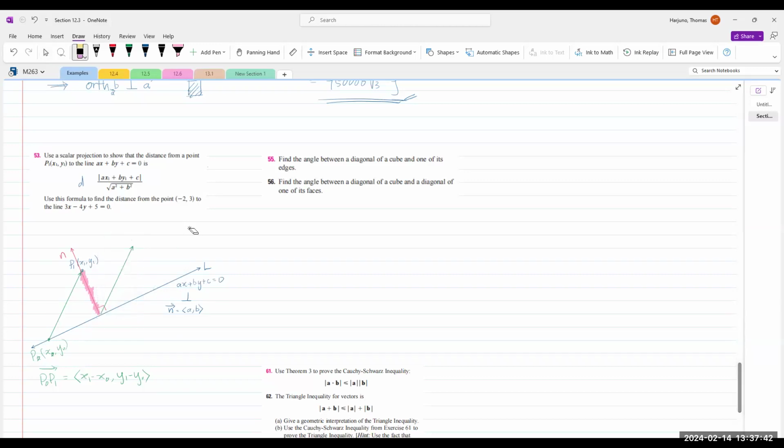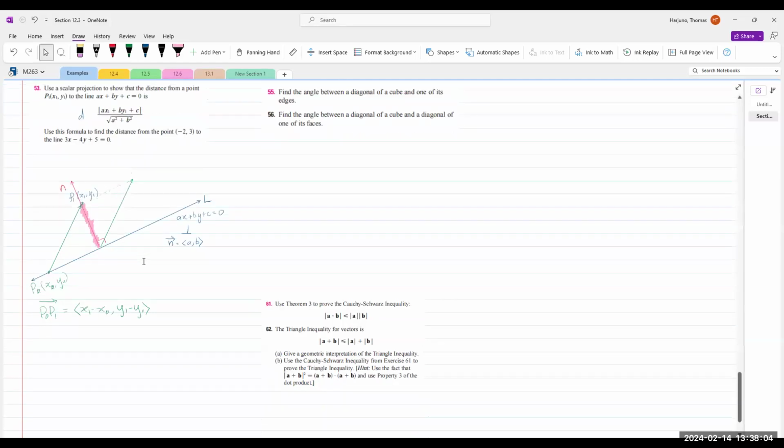Notice that the projection of this vector onto n, the component of that vector onto n, will be the length that we are looking for. In other words, let's call this vector v. Then the absolute value of the component of vector v onto vector n is the distance we are looking for.